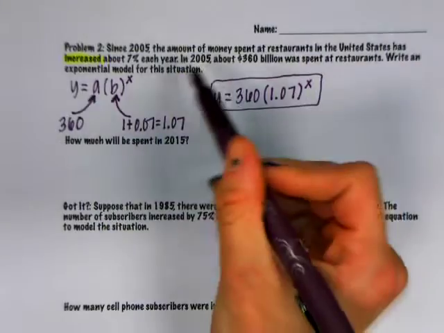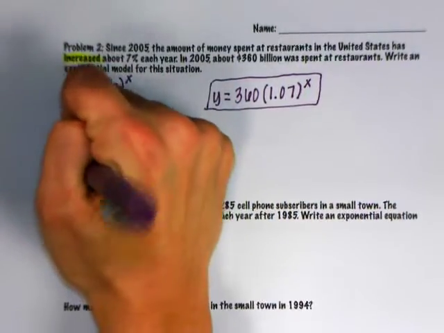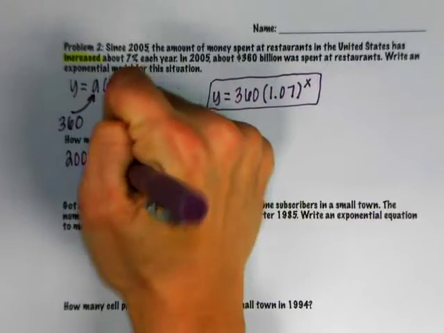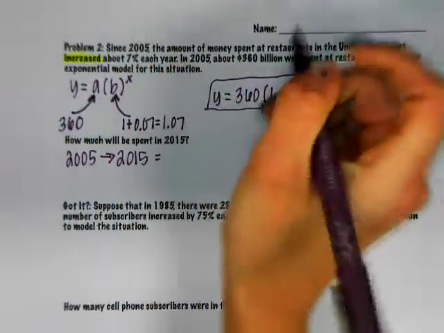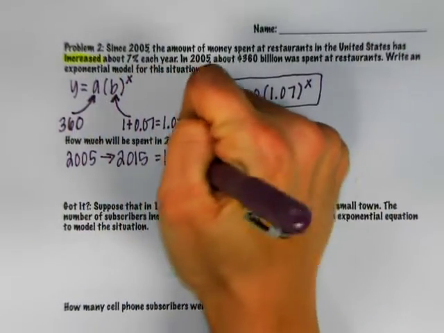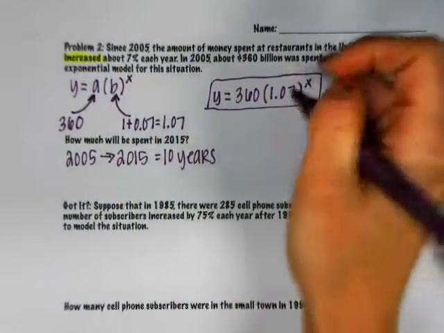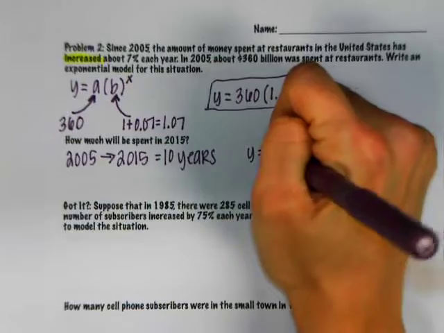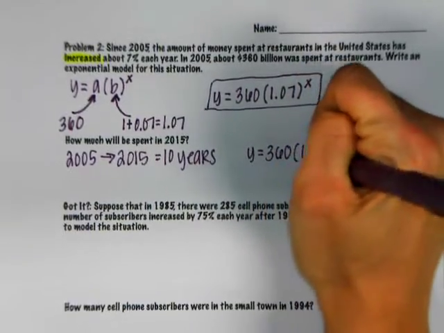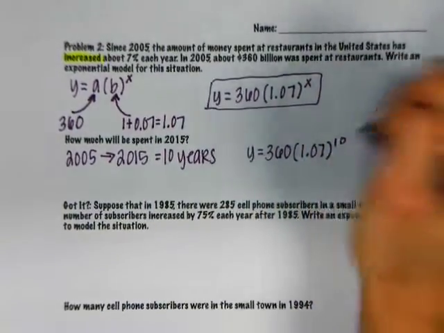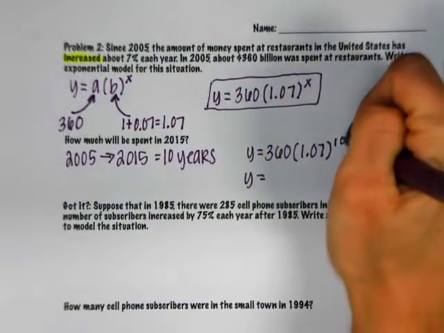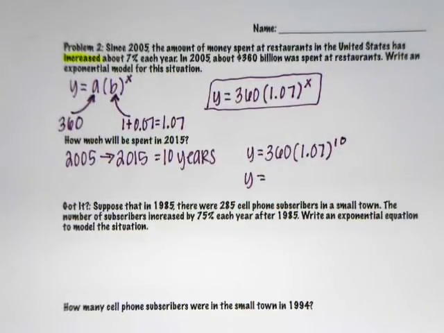So we started in 2005. So from 2005 to 2015 is how many years? Yeah. And it says that this is happening every year. So you're just going to use that as your exponent. And then just round. So throw that in the calculator.